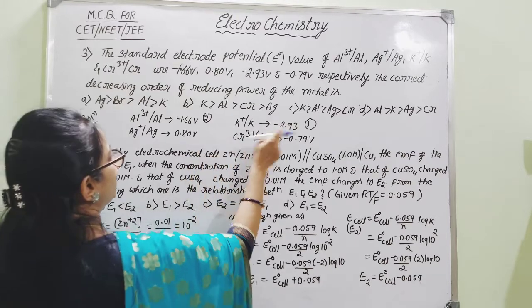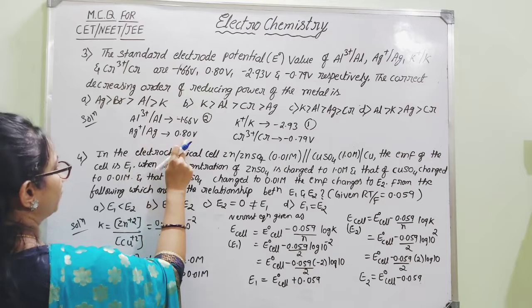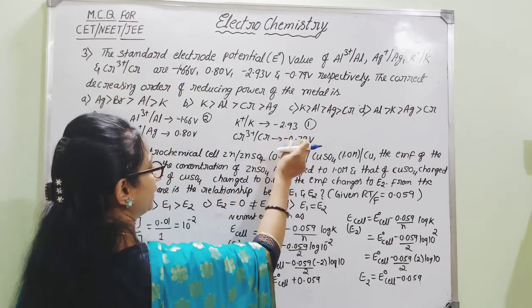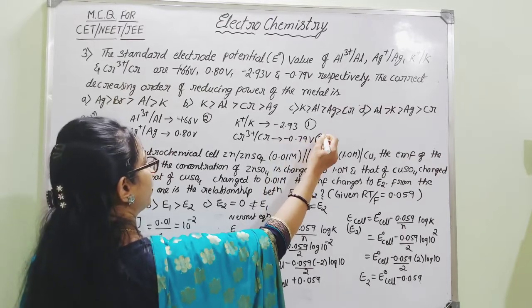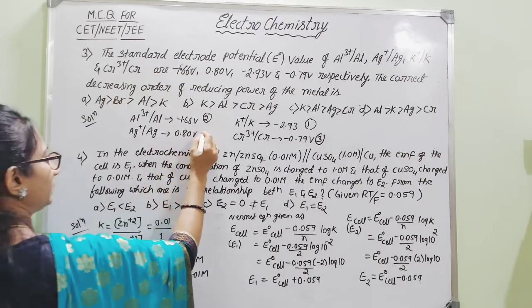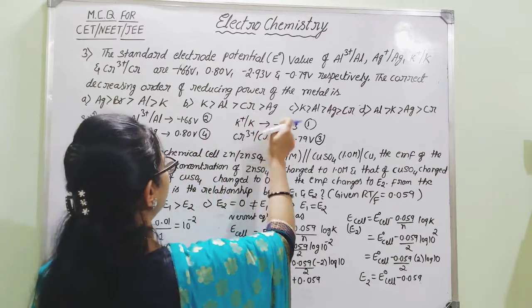Then the third one: Ag+ into Ag, it is positive, while the others are negative. So we give prominence to the lesser, negative value, which has strong reducing power compared to a positive value. So the last is Ag+. Therefore, we select that decreasing order.